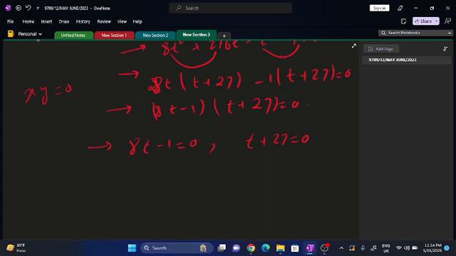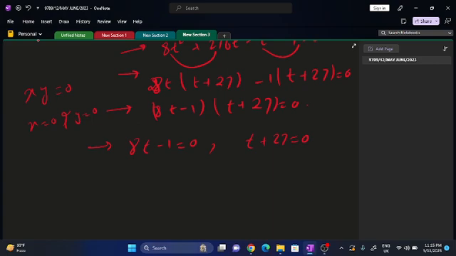I don't know the values of x and y, because I am only given that xy = 0. The equation is satisfied when x = 0 or maybe y = 0, because I don't know which one is 0. I cannot say only the first term is 0; maybe the second term is 0. I don't know.